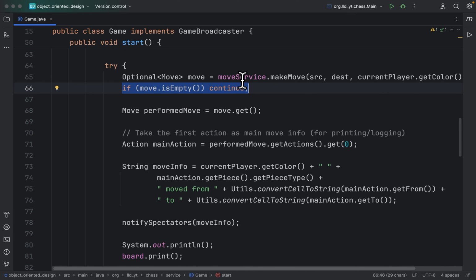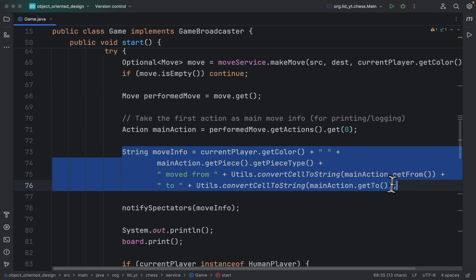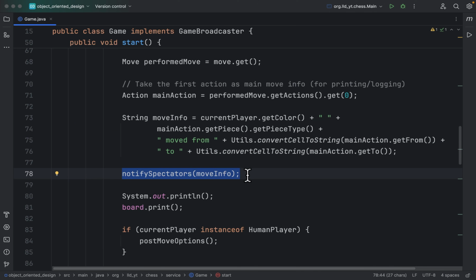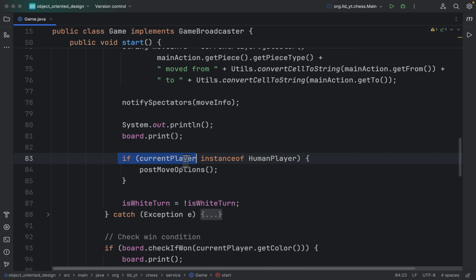Let's say we were successful in moving the piece, then this was the move. On the basis of this move, I am creating one move information string and I am notifying all the spectators. After that, I'm printing the board because after every step, I want to check out the newly updated board. If the current player was human, then we would have different options like undo, redo, or continue.